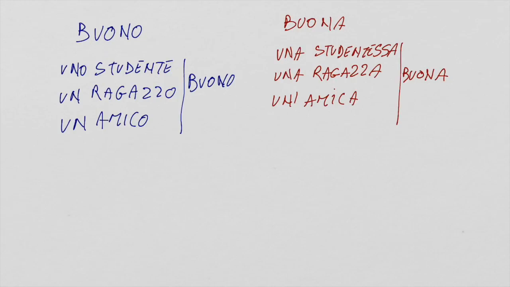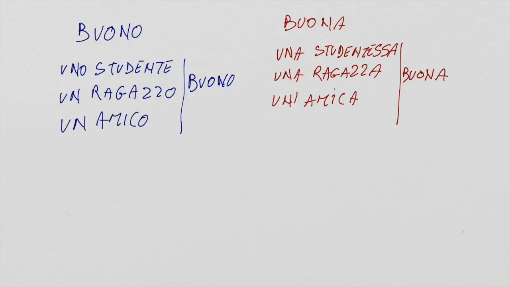The adjective buono and feminine equivalent buona can be placed regularly after a noun, or they can even be placed in front of a noun. As you know, if you place them in front, the meaning of the sentence changes a little bit.